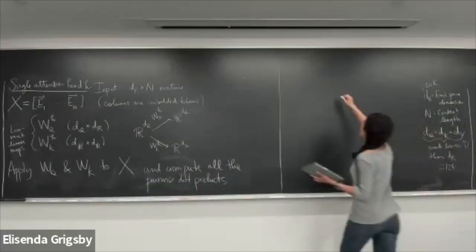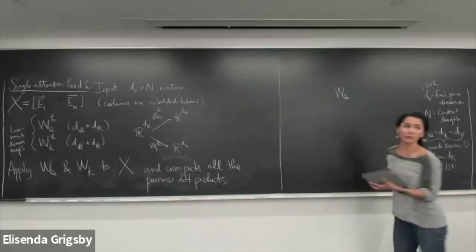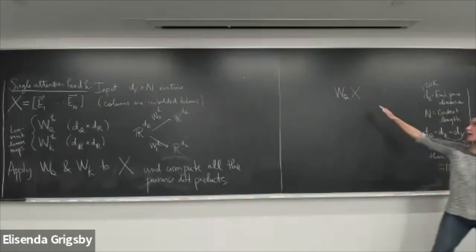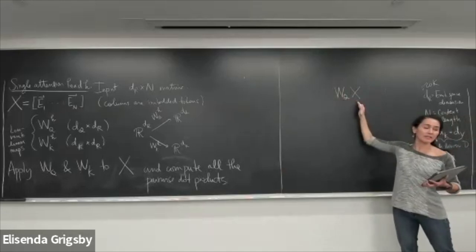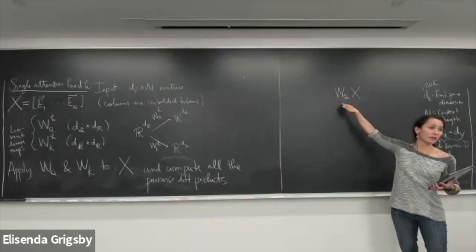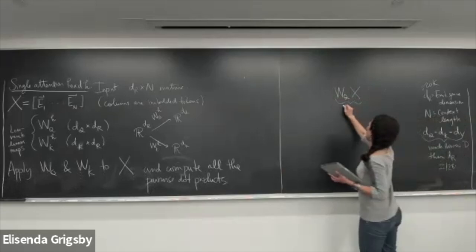Essentially, you're taking WQ and multiplying it by X, so now each column of this is the image of a token inside this lower dimensional space.